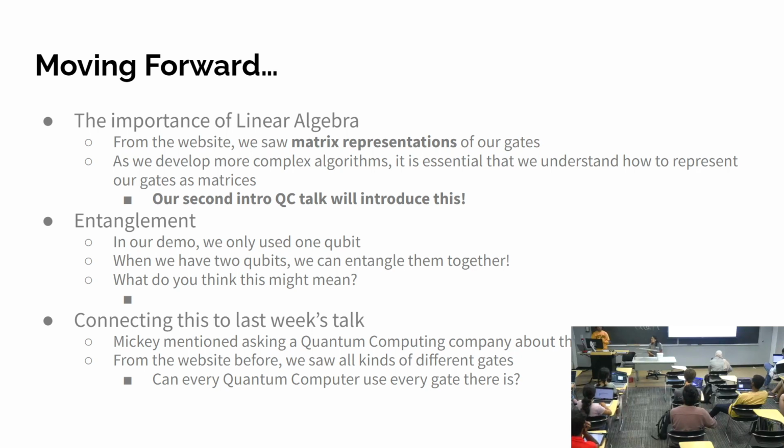An important thing we didn't mention is entanglement. 2 quantum bits can be entangled. What that means is that the state of one quantum bit is dependent on the state of another quantum bit. So you can have it so that if one quantum bit is at a 1, the other one will always be the opposite. Or if the other one's at a 0, the other one will always be at a 1.